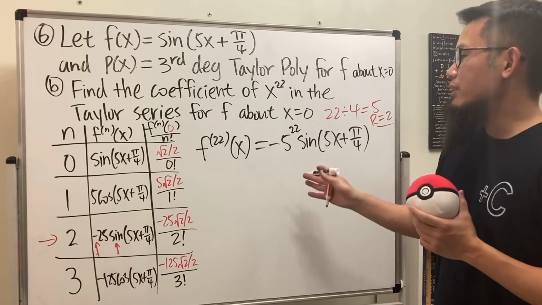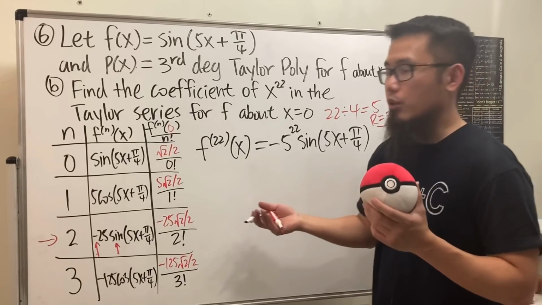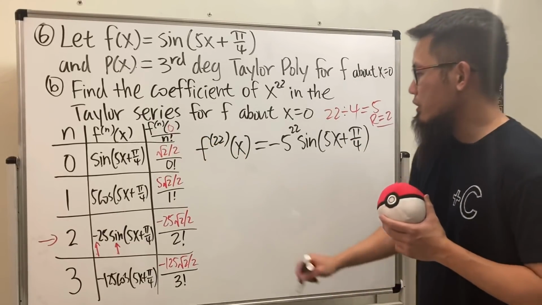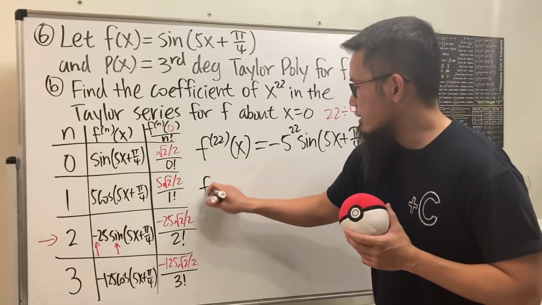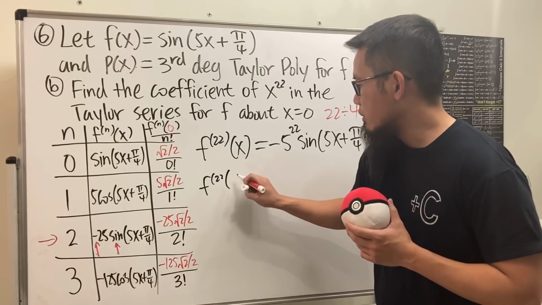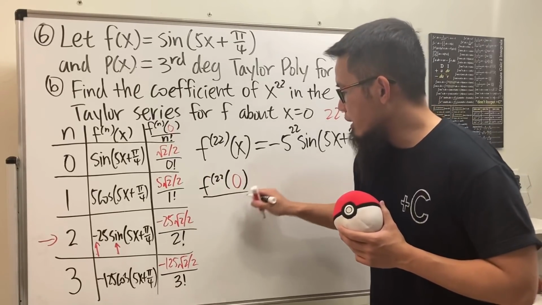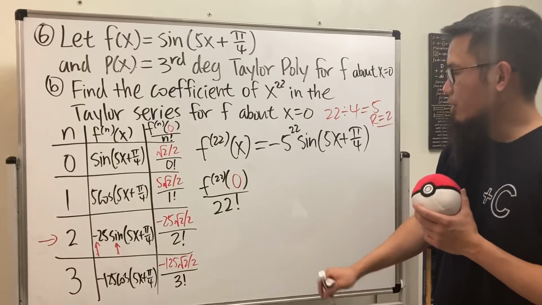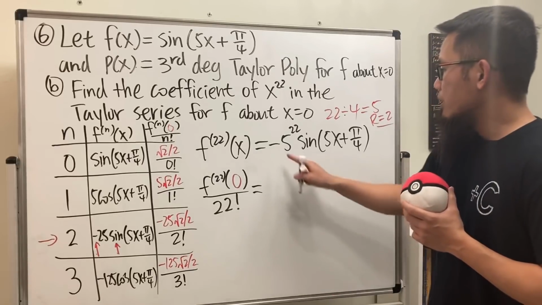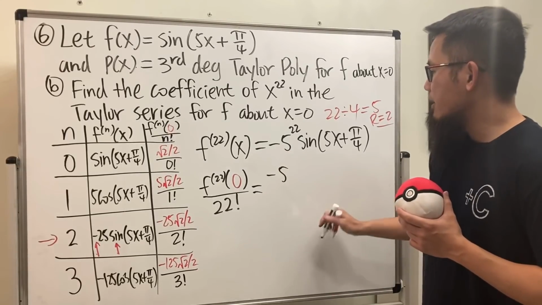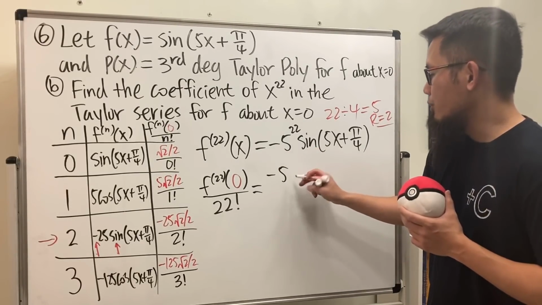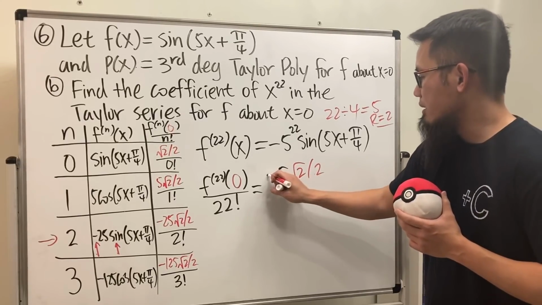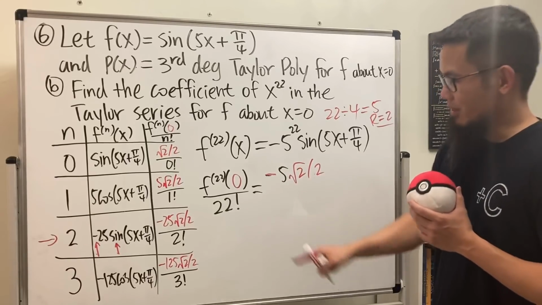Alright, so this is the 22nd derivative, and if you want to get the coefficient, of course you can just put a 0 in here, and that's pretty much it. So I'll just write this down, 22nd, and then if we put a 0 here, and don't forget to divide it by the factorial, right? 22nd factorial. So this is going to be negative 5, and then this thing is again going to be square root of 2 over 2, and let me make the negative in red as well, to match with that.